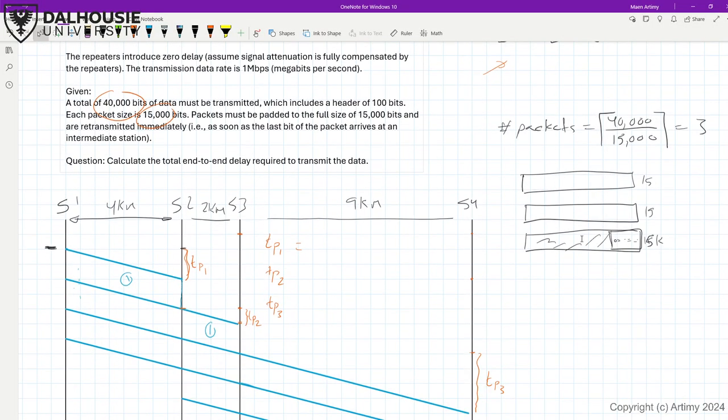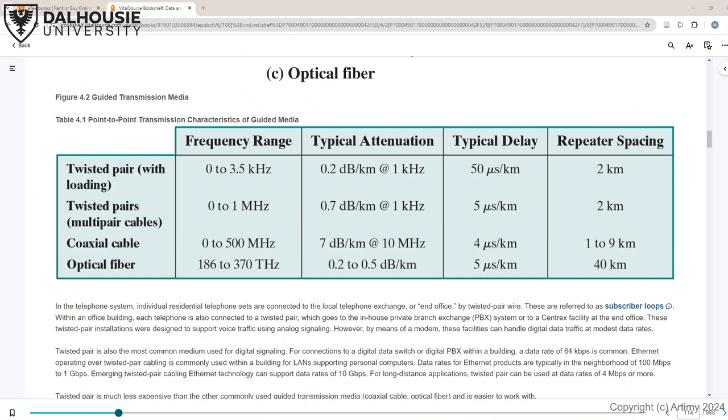Okay, so we have the answer here, we have 5 microseconds. Just double checking here, it's 5 microseconds for the twisted pair, yes.